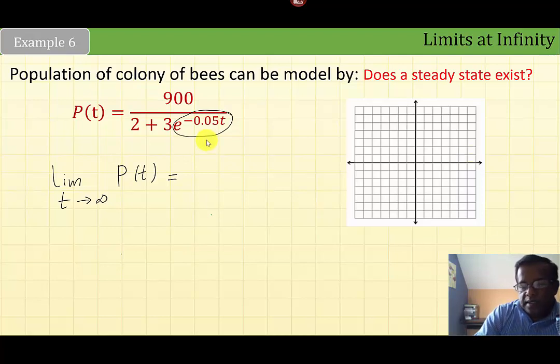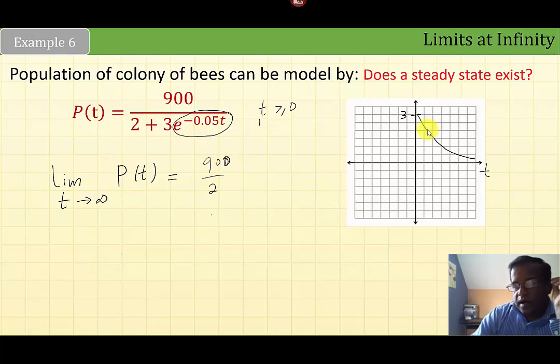You can remember an exponentially decreasing curve goes down like this. In this one, t is the time, therefore inherently t has to be greater than or equal to 0. So when t equals 0, e to the 0 equals 1. With this 3, we get 3 times 1 is 3. So this part looks like that. As t goes on, this goes to 0.